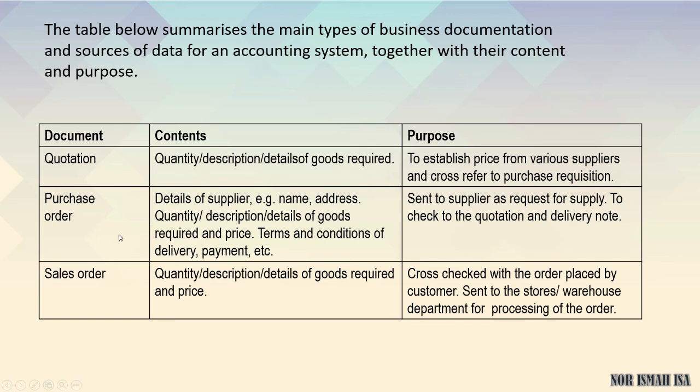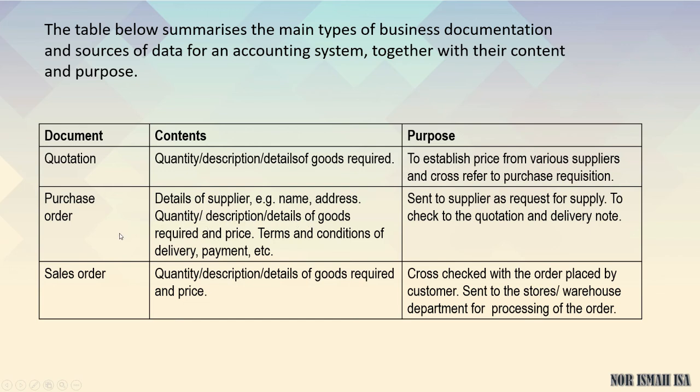And then a purchase order and sale order. This is related to this document, which is the original part is the sale order sent by the seller to the customer, and the duplicate copy will be kept by the seller.